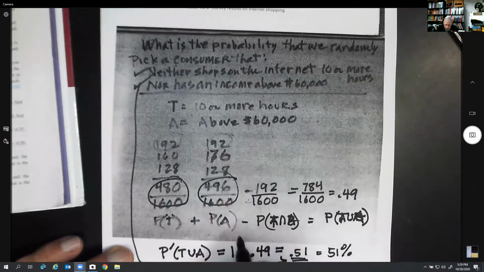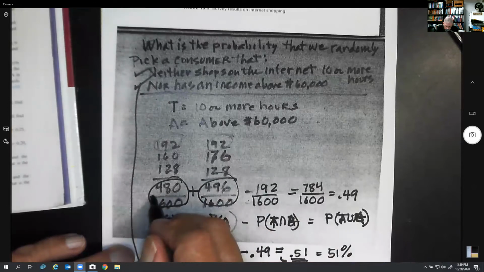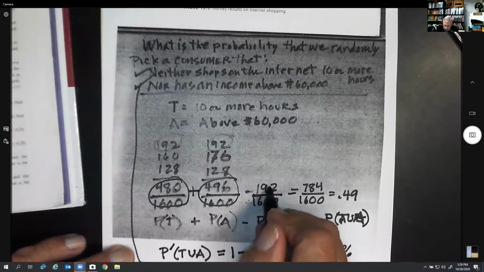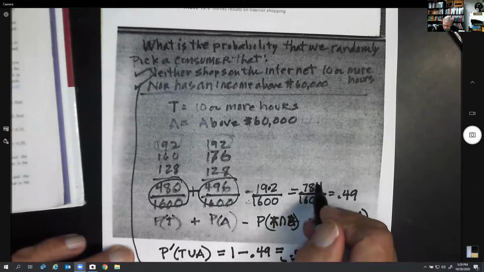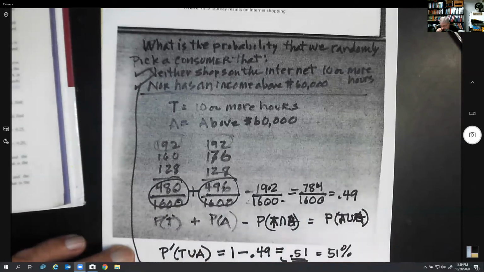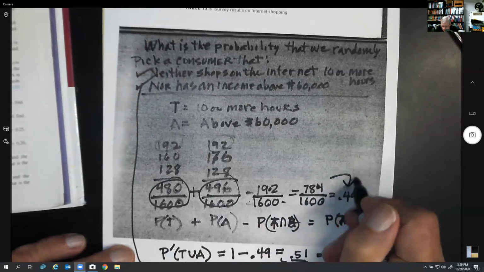We added those together. And remember, when you're adding fractions, you only add the numerators. Subtract the numerator, get a new numerator, because all your denominators were the same, so you don't have to affect those. And then we just divided the top number by the bottom to get this number right here.